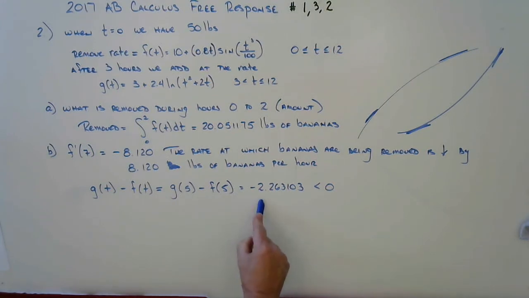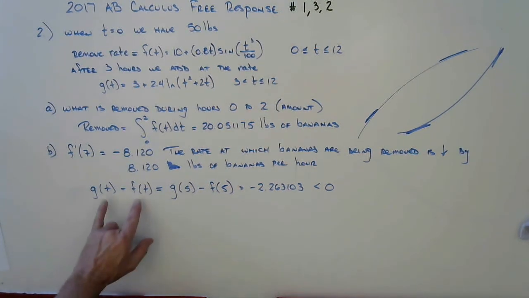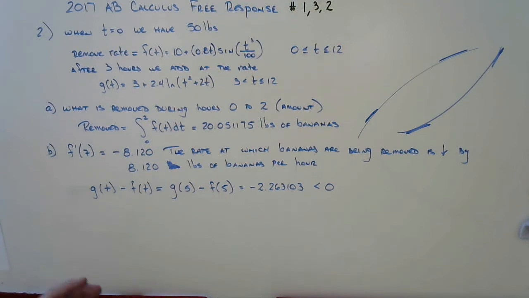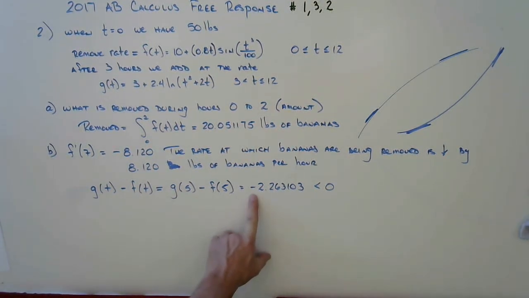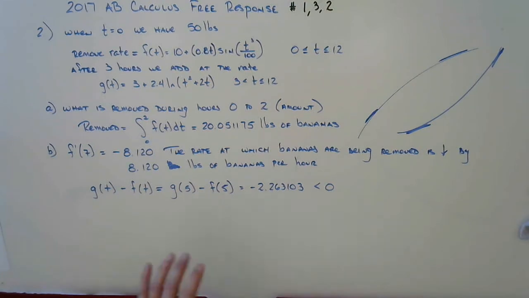And when a derivative is negative, the function is decreasing. They didn't ask us about these functions. They asked us about the number of pounds of bananas on the display table. How do we know if that function is increasing or decreasing? We take its derivative, we find it's negative, less than 0, so we say it's decreasing.